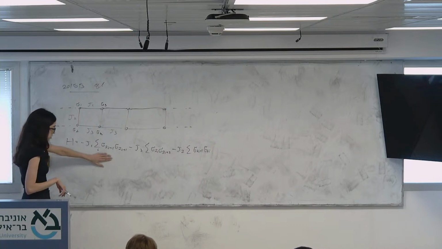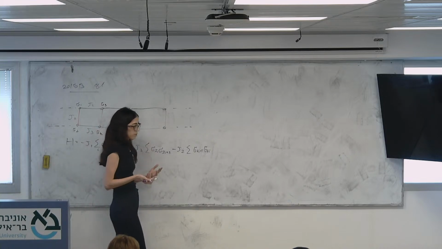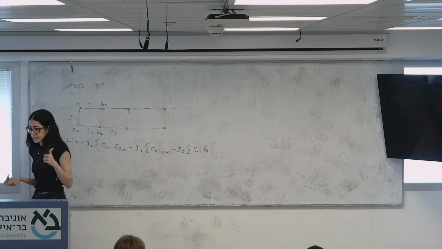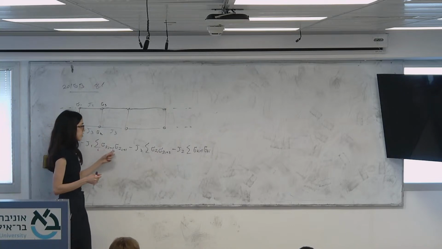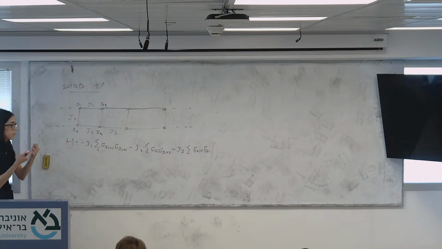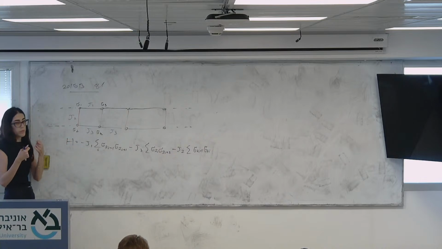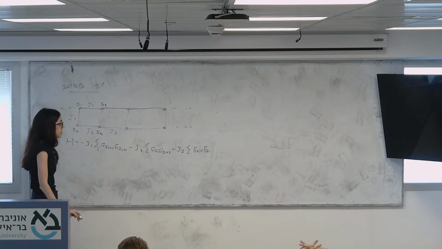Okay, so this is the Hamiltonian, and now we want to build the transfer matrix. In the case of the Ising model, we only had multiplication, only coupling between sigma i and sigma i plus 1, so it was very easy to know which state we transfer from to which state.